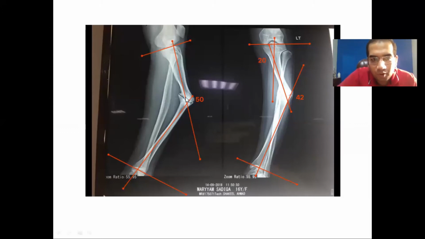Can we take a CT scanogram of this along with the X-rays? No. A CT scanogram has no added information. Look, keep this in mind: a CT scanogram, a 3D CT reconstruction of the limb, will not guide you in your planning.